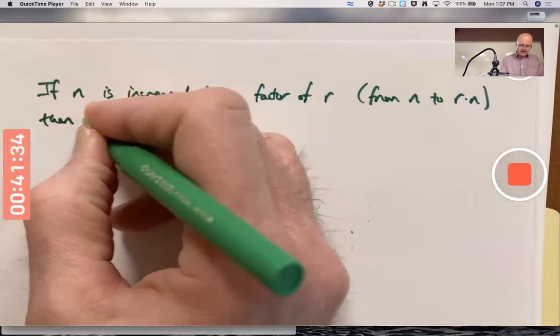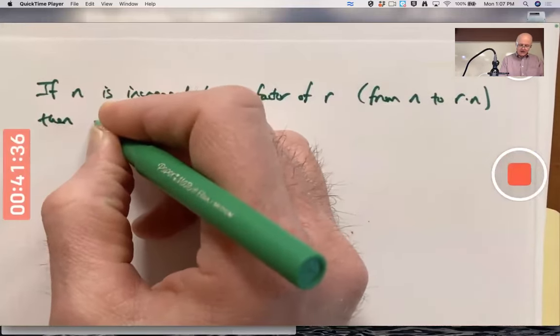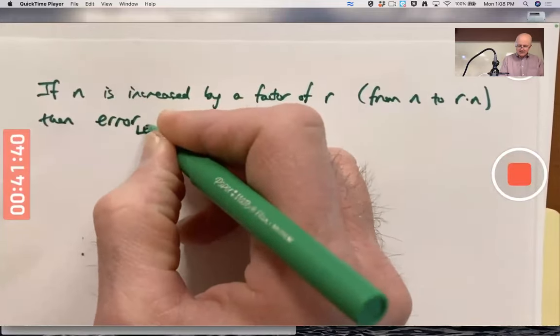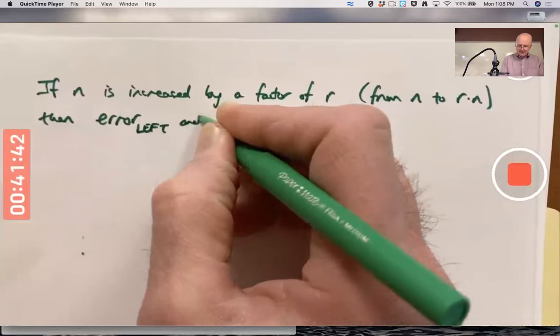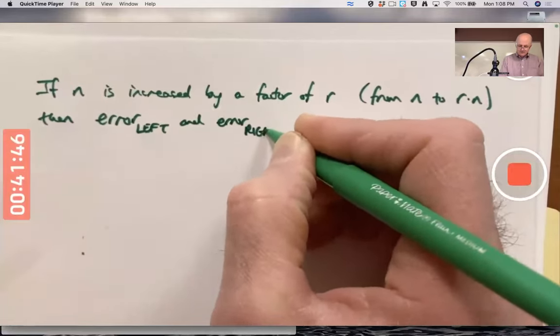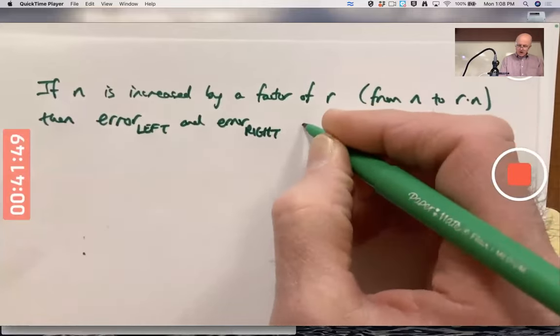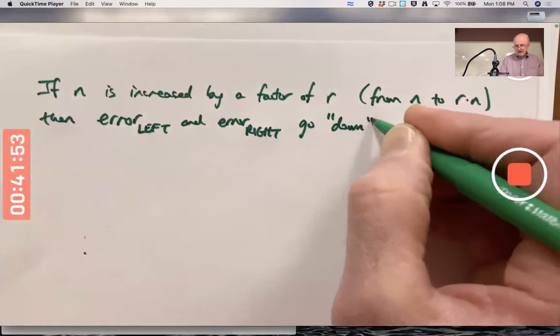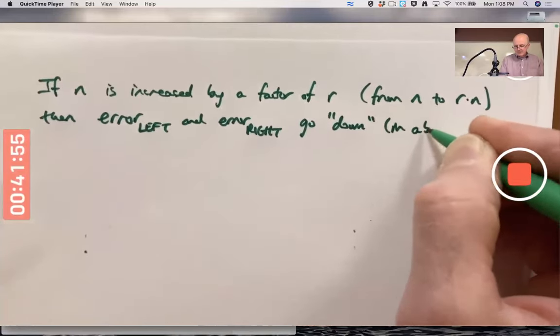Then the error in the left and right hand rules, I'll use subscripts, error sub left and error sub right, go down, quote unquote, in absolute value.